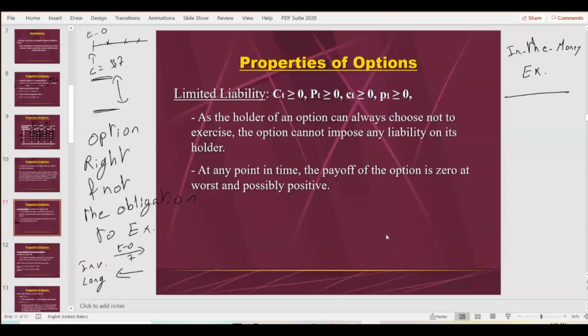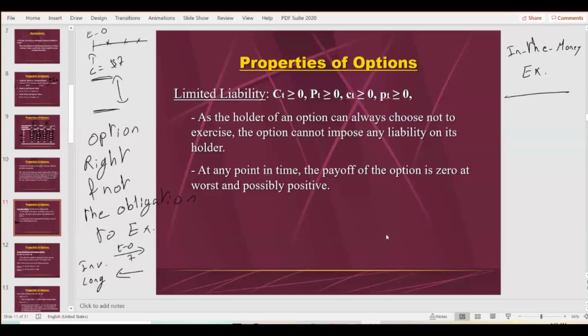So as the holder of an option can always choose not to exercise, the option cannot impose any liability on its holder. So at any point in time, the payoff of the option is 0 at worst and possibly positive. So the worst case scenario for a party with a long position is that the option expires out of the money.